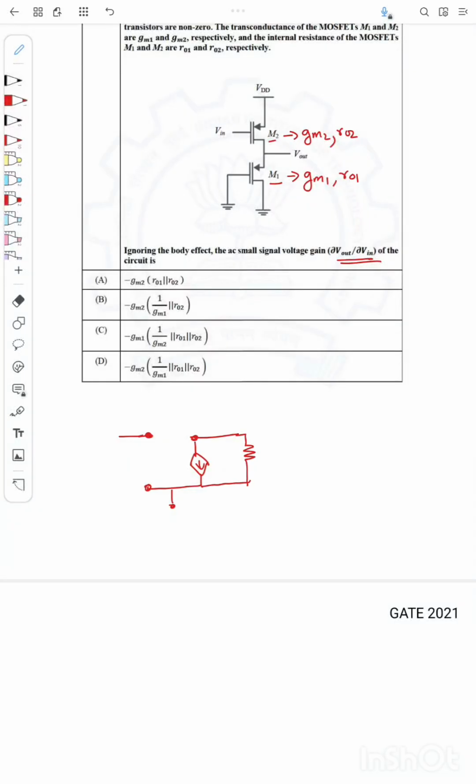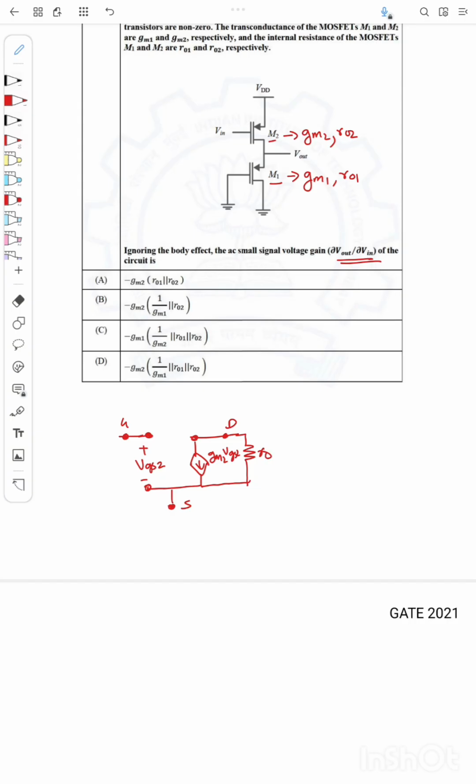This is the gate terminal of M2, this is the drain terminal of M2, and this is the source terminal of M2. This is the VGS of M2, so I will call it VGS2, and this is gm2 into VGS2, and this resistance is r0.